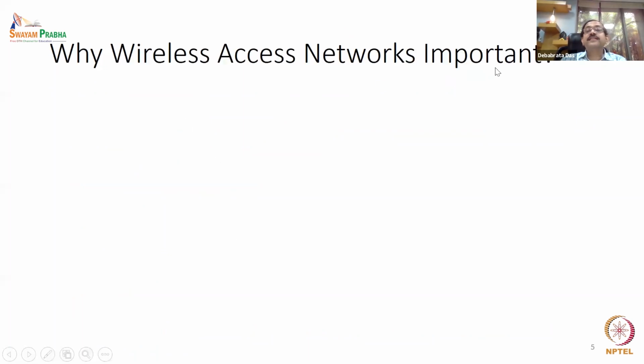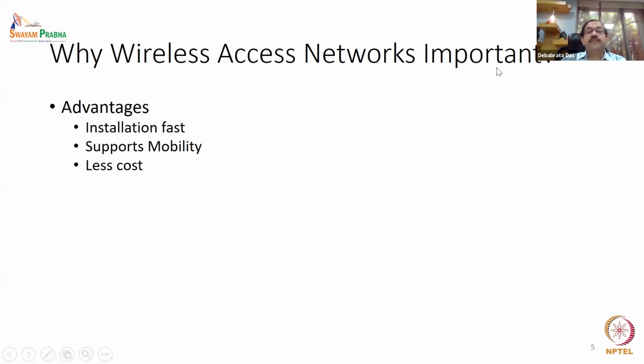the importance of the wireless access network has increased. That means the wireless network which is coming up to support IoT in the present and future should allow fast installation. The IoT devices will be in millions and billions in number, not 1 or 2, so they have to be installed fast. An optical or copper network takes a long time to be installed.